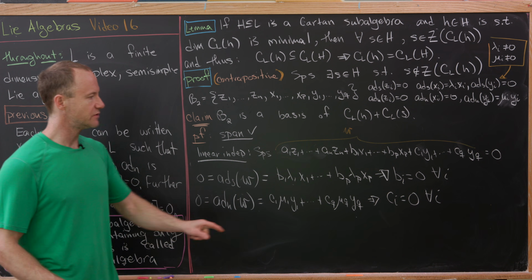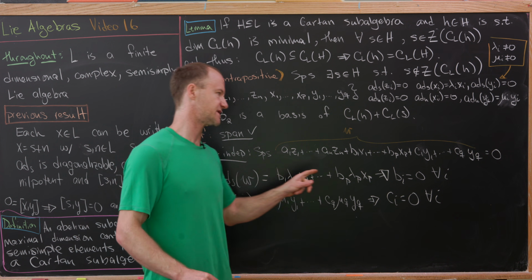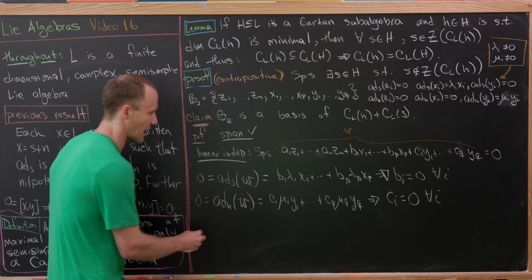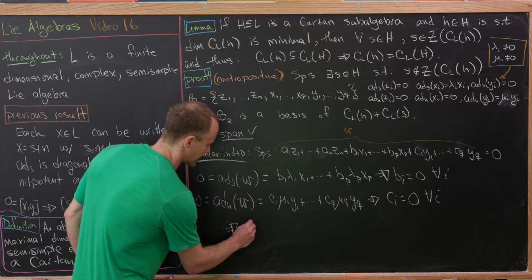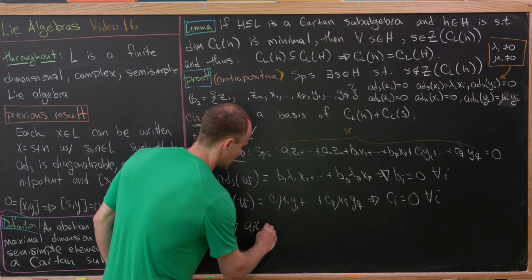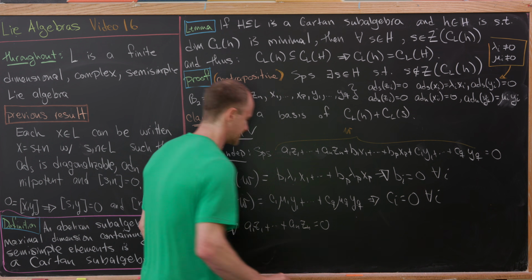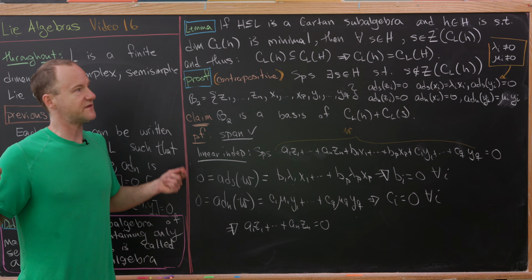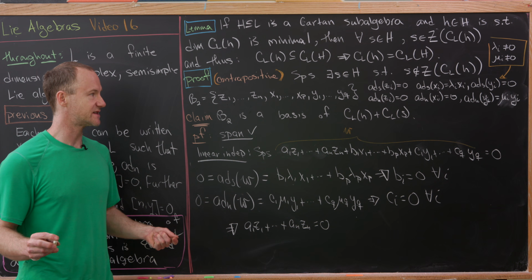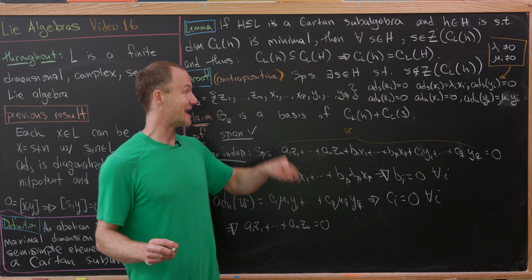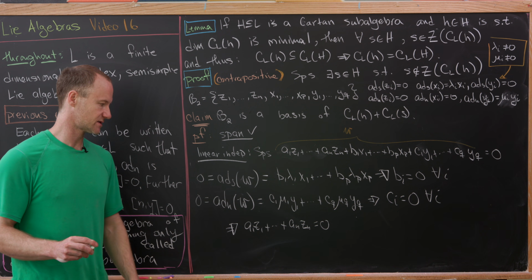But now what we can do is plug the fact that all of the b's and all of the c's are equal to 0 up into our original equation, telling us that a1 z1 added all the way up to an zn is equal to 0. But then all of the z's are a basis of CLH intersected with CLS.